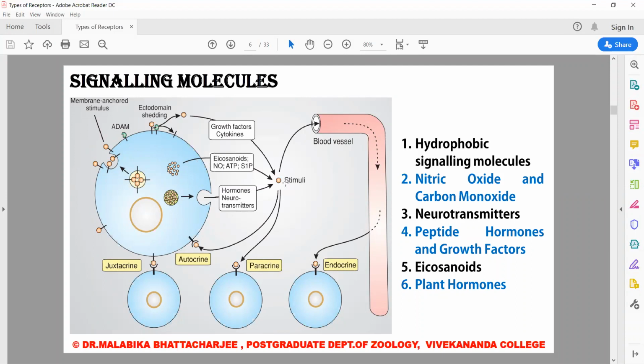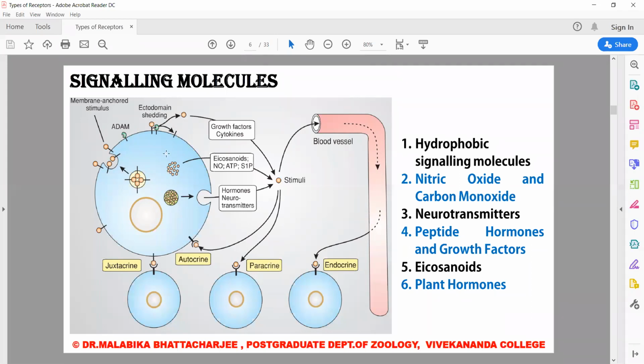These stimuli can then move in four categories of signaling. It can move through blood vessels to give rise to the endocrine category of signaling. It can directly activate a neighboring cell, giving rise to the paracrine category of signaling. It can be received by the cell releasing the stimuli, resulting in autocrine category of signaling.